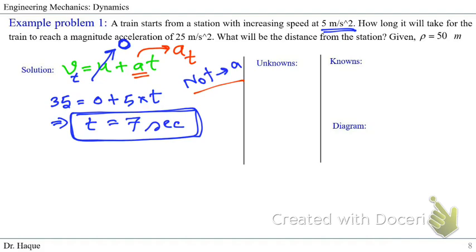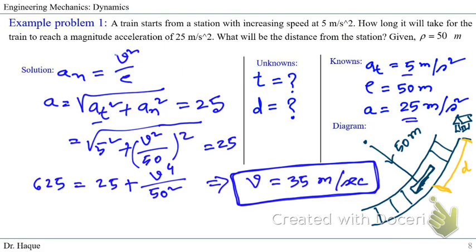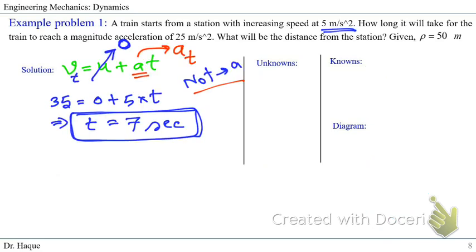Okay, so the last thing we're missing is how far it moved from the station to the final point when the acceleration is 25 meters per second square. To do that, we know another equation, which is v square equals u square plus twice a s, or in this case we'll say d, because we're looking for d, and we know u square, the initial velocity, was 0.